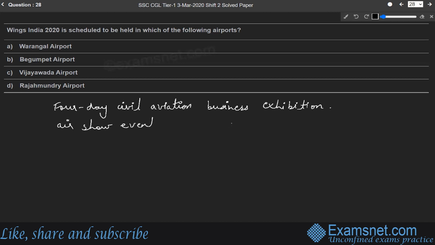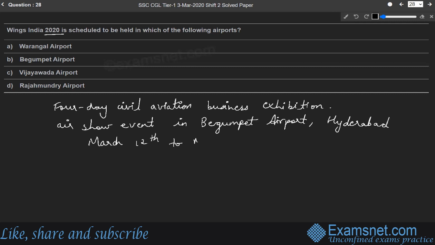that is held in Begumpet Airport of Hyderabad. And in the year 2020, Wings India was held from March 12th to March 15th. And this event is being organized by FICCI.